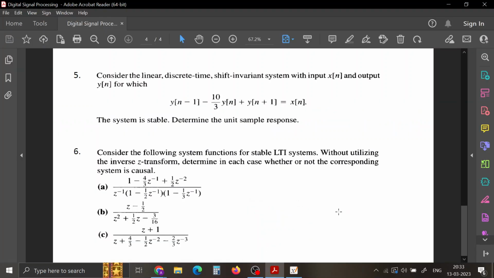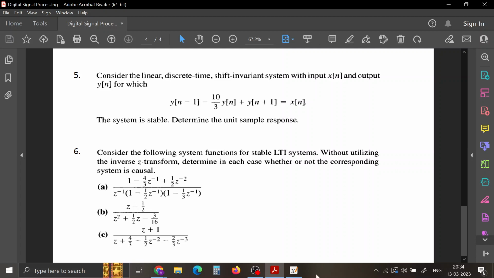And for the sixth and final question, you already know this concept. This was discussed in the last week, week 7. Here it is mentioned that the transfer function H of z is given for stable LTI systems, and without using any inverse z transform, we need to determine whether each of the following is a causal system or not.